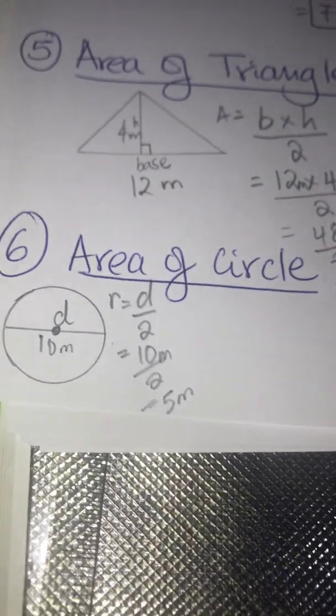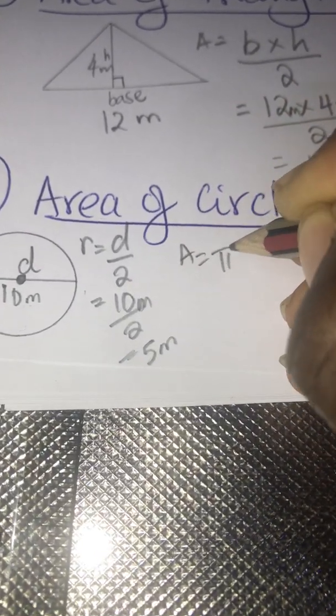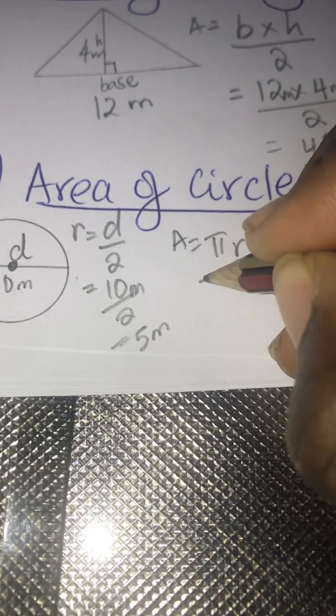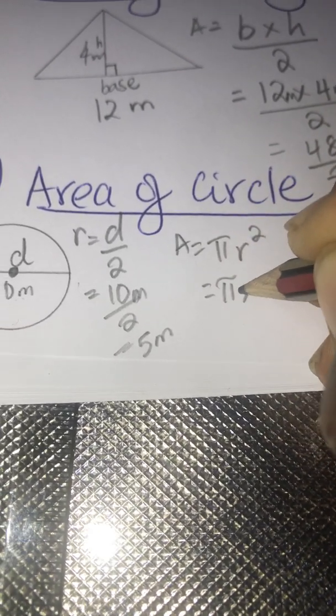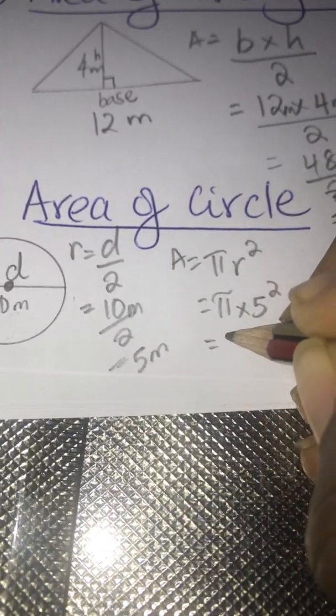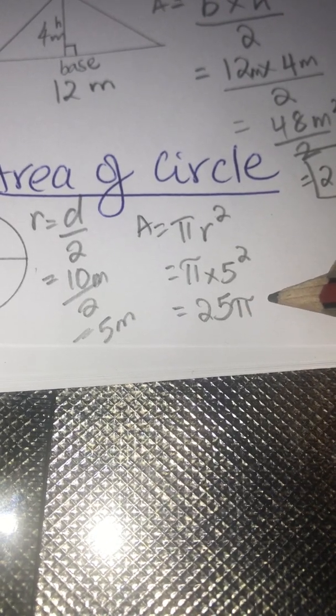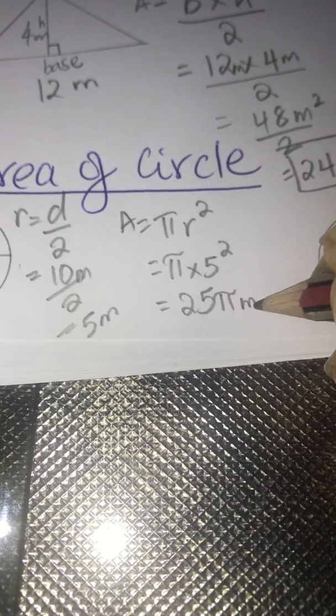And then I find the area. Area equals pi r squared, pi times 5 squared. That gives me 25 pi, meters squared.